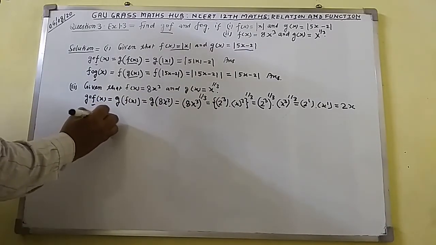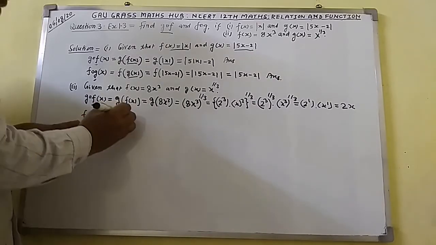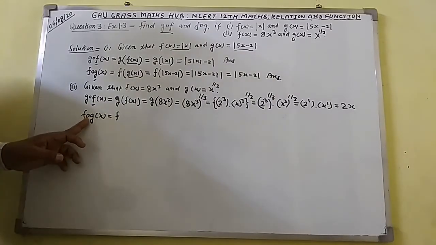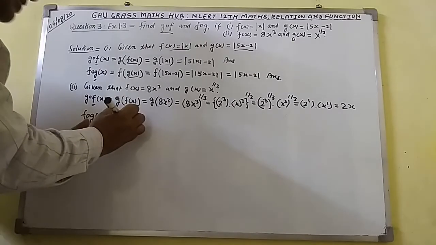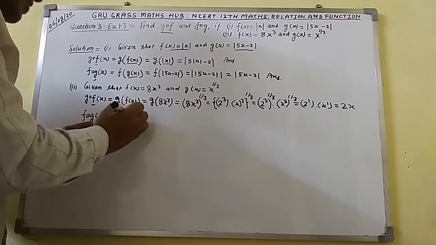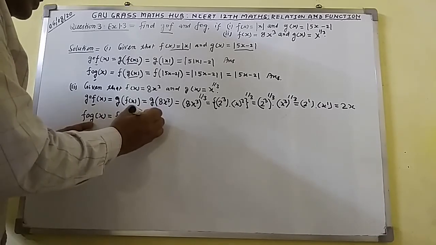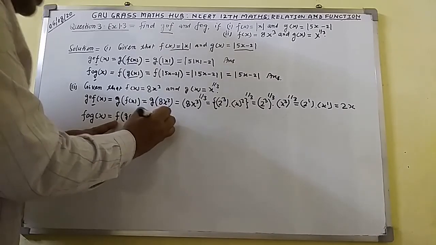So here write x. Now first letter is f. Write here first letter f. And in place of o, open half circle bracket. Inside write g(x) like this equal to, here first letter is f, write here f.